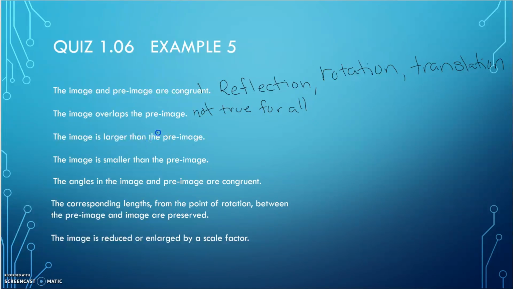All right. Okay, the image is larger than the pre-image. Well, the only transformation that we have that changes size is a dilation, but a dilation could get larger or smaller, so it's not true for all dilations.